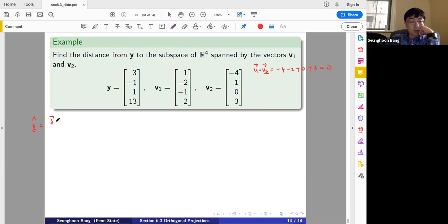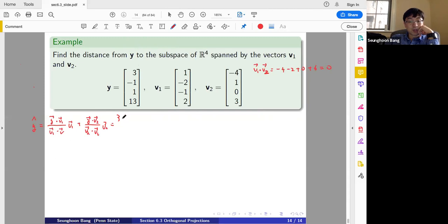Same. Vector y dot vector v1 over vector v1 dot vector v1, times vector v1, plus vector y dot vector v2 over vector v2 dot vector v2, times v2. So first one, y dot v1, what's that? 3 times 1, 3.